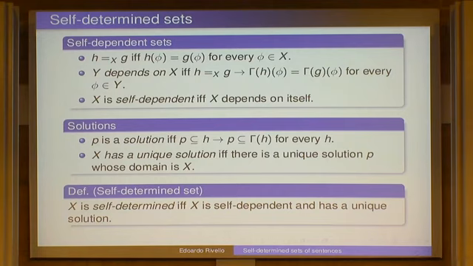The second is the notion of solution. We can say that P in our picture is a solution if and only if it is left unchanged by every total hypothesis H which extends P itself.